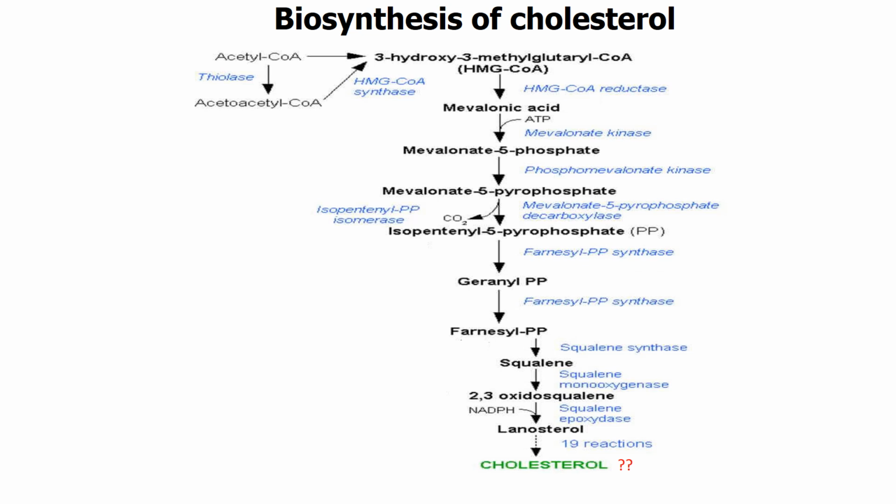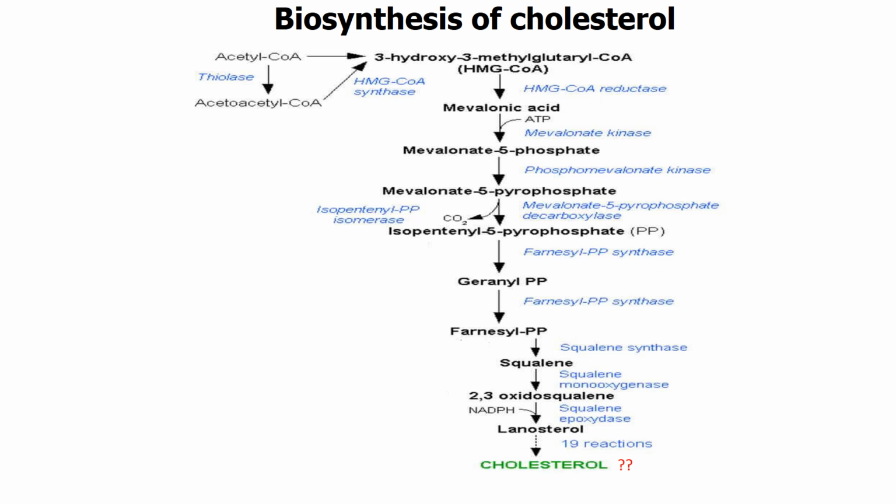That is further acted upon by HMG-CoA reductase to give us mevalonic acid. The next step is energy requiring in the form of ATP and is catalyzed by mevalonate kinase to give us mevalonate 5-phosphate.